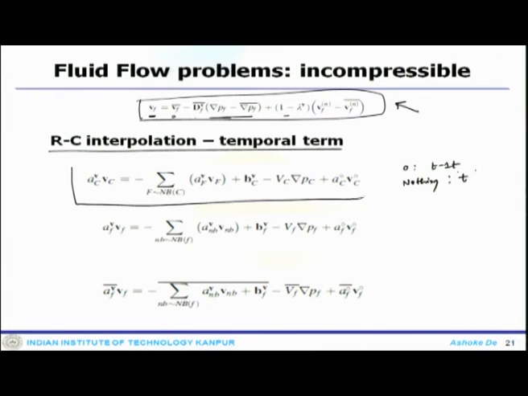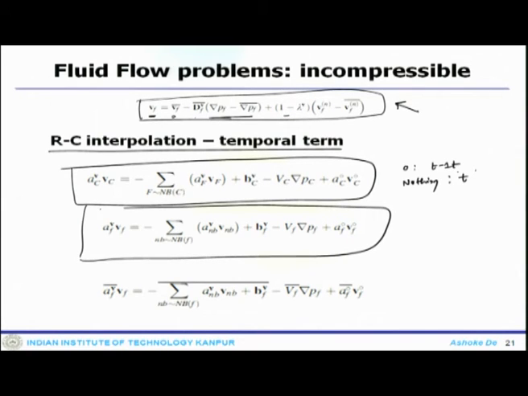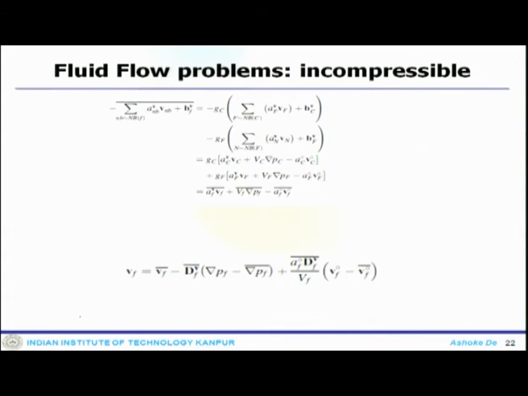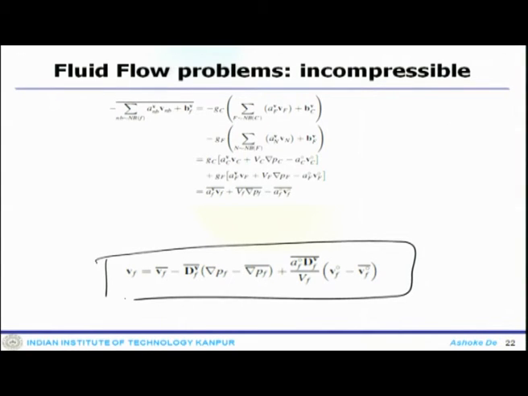So, this is my momentum equation in discretized form, then you write it at the face, this is the modified form, and the face value can be averaged like that, and once you expand this, finally you get this, which is an important calculation for the transient term, showing how the face value can be treated, and in that case you get the face value minus this, and you use these things.